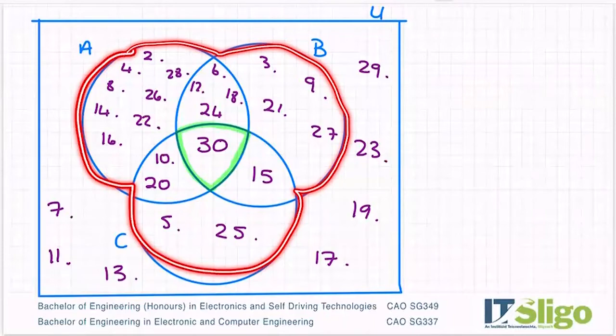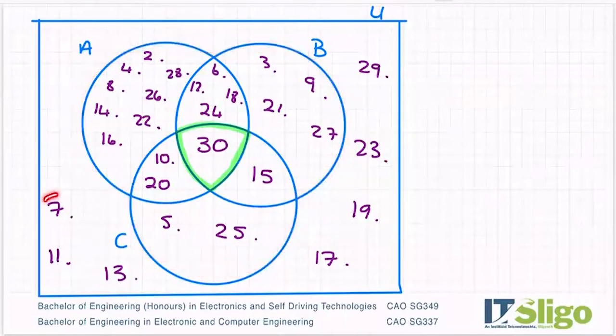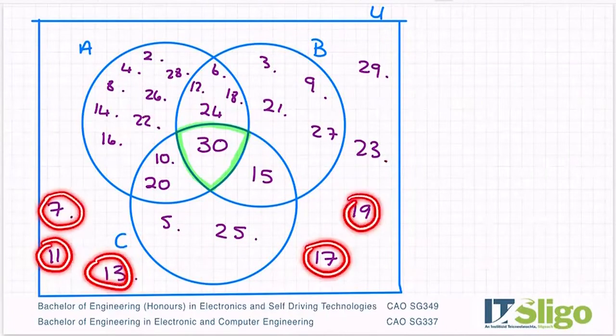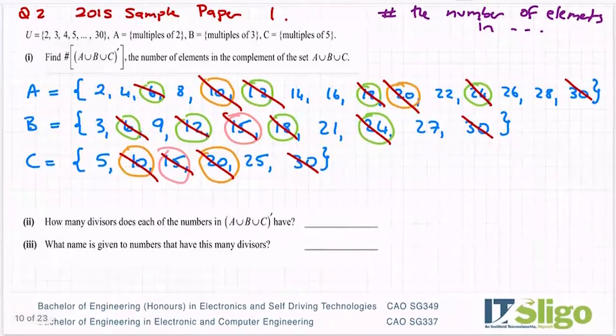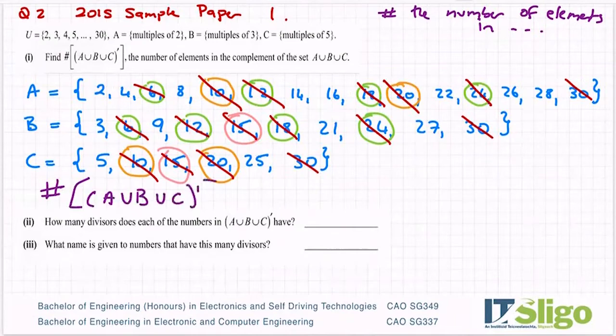How many elements in the universal set are not in that? Well, it's these ones on the outside. So 1, 2, 3, 4, 5, 6, and 7. So I would say the number of elements in (A union B union C) complement is equal to 7.